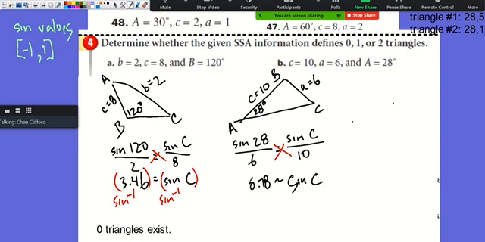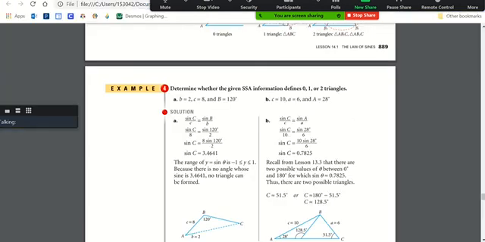And then I'm going to do inverse sine. Let's see what it equals. C is roughly going to be 51.26.